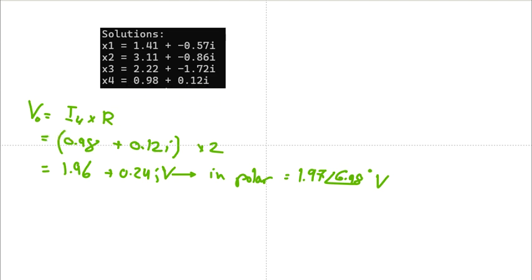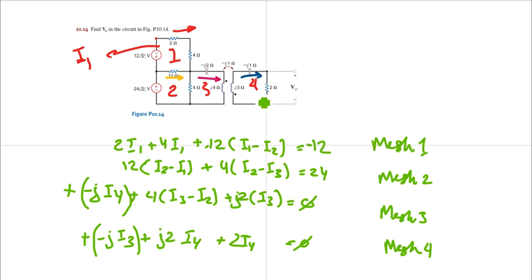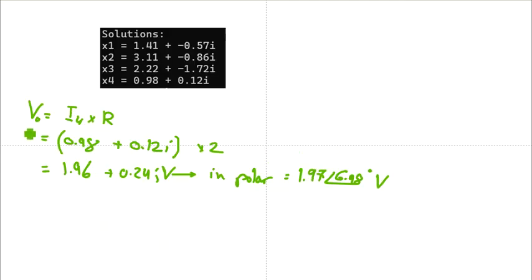And we know the resistance back here is 2 ohms. From Ohm's law, V0 equals I4 times R. In this case, 0.98 plus 0.12i times 2 gives you 1.96 plus 0.24i volts.